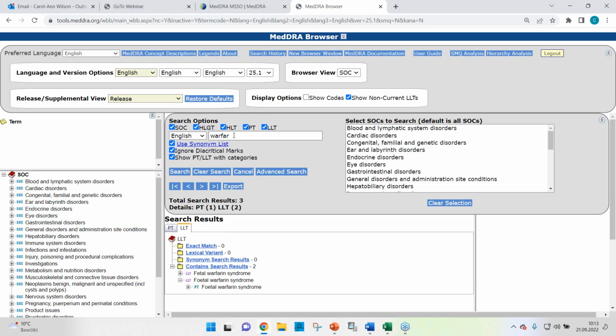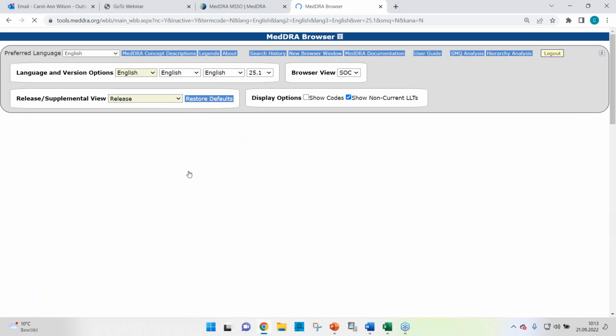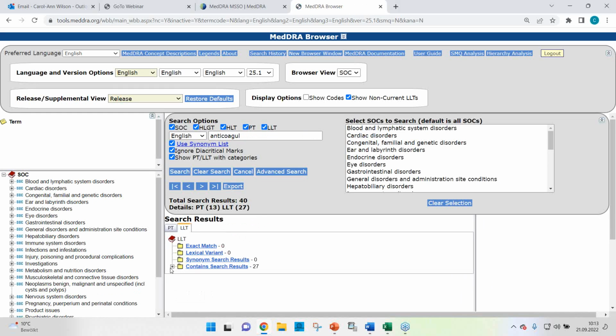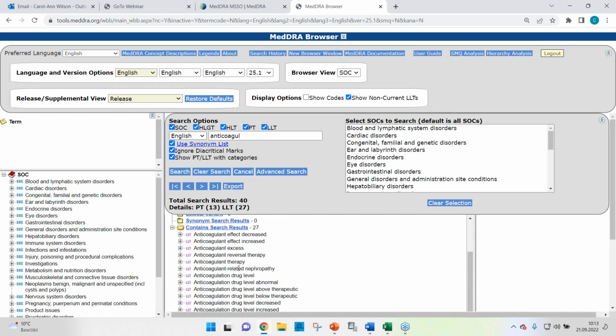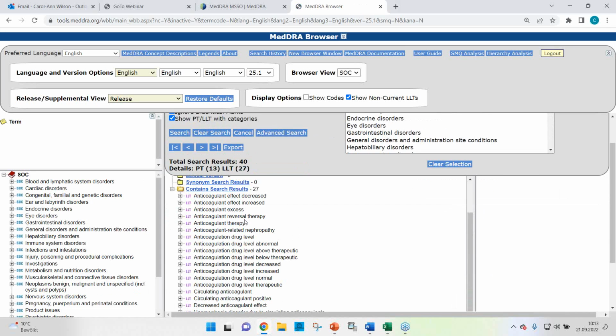So now let me look for anticoagulants, so more general terms, and search. I have several: anticoagulant effect decrease, reversal therapy. This was one of our options. You also suggested it under PT procoagulant therapy.